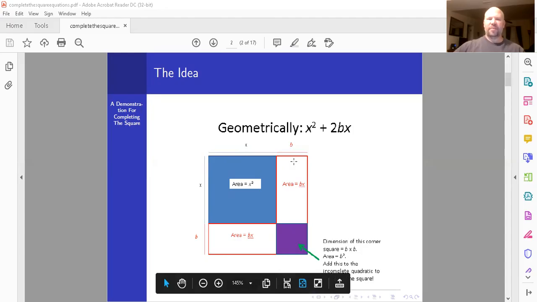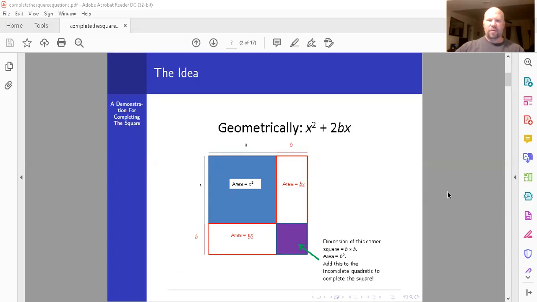And this is something that we are going to use when we go to solve. So this is just a quick recap of the basic idea for completing the square, but we're going to use it in order to solve equations.